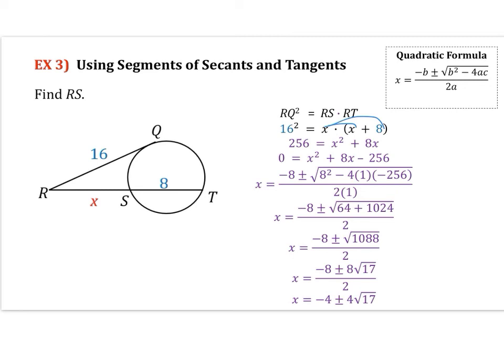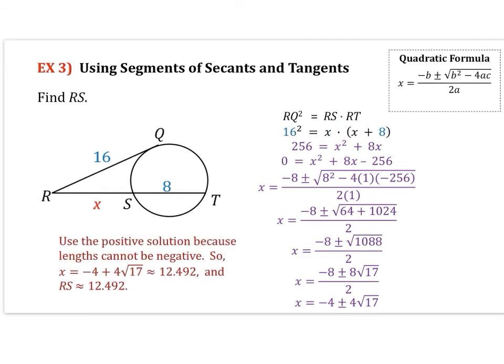Now on this step here, make sure when you're dividing by a 2 here, and you've simplified your radical, you result in 8 square root of 17. So this 2 has to go into both the -8 and this 8. And if it goes into both those numbers evenly, then you can continue to this last step where you get -4 plus and minus 4 square root of 17.